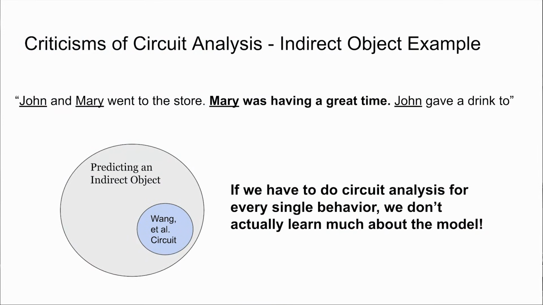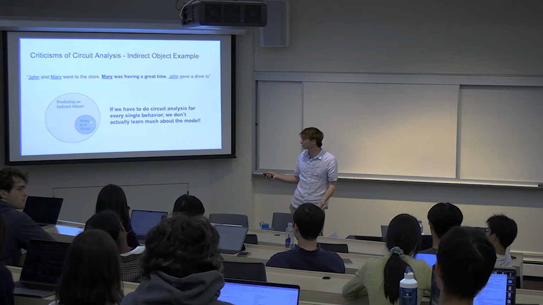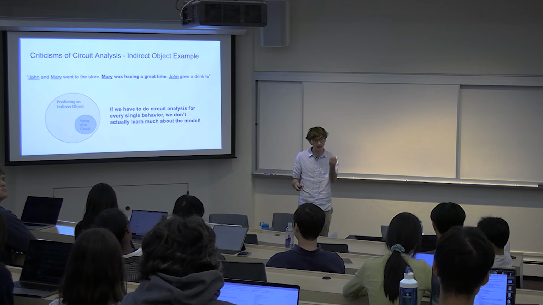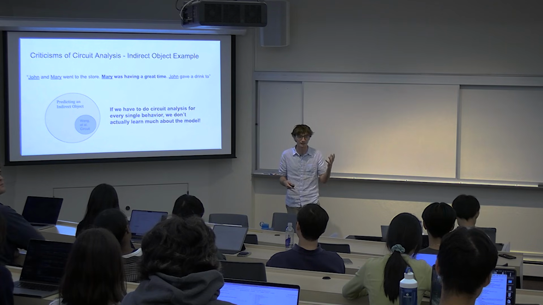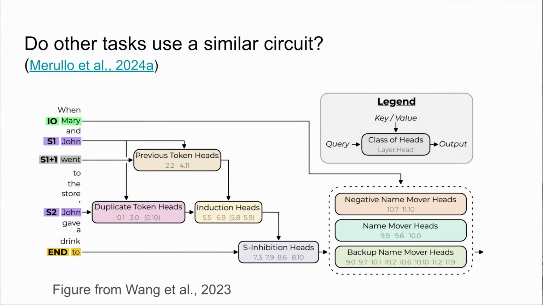If we have to do this for every behavior, every little prompt that changes in this way, it's so over basically. Interpretability is screwed, because we just don't learn anything about the model. If the Wang et al. circuit is this tiny part of predicting an indirect object, then that's terrible.